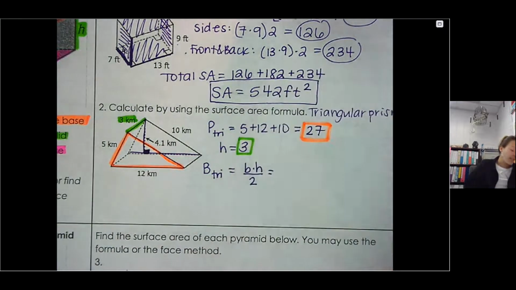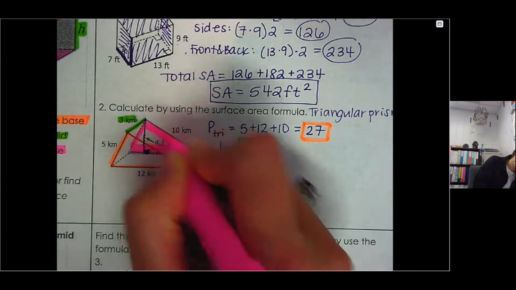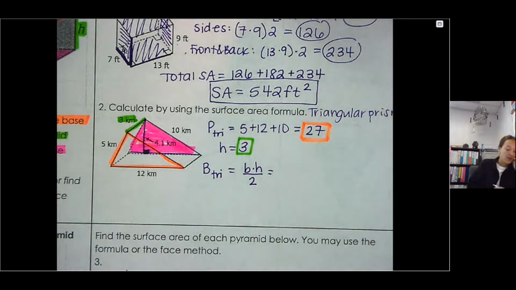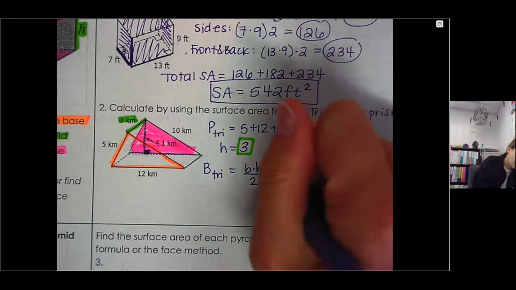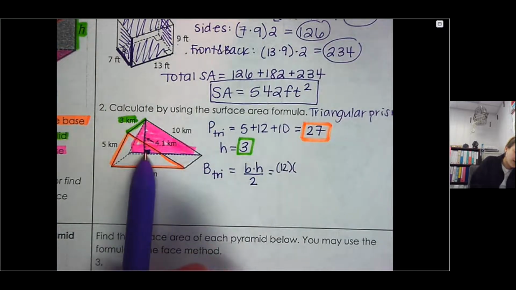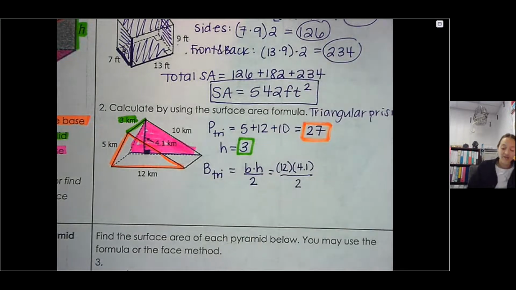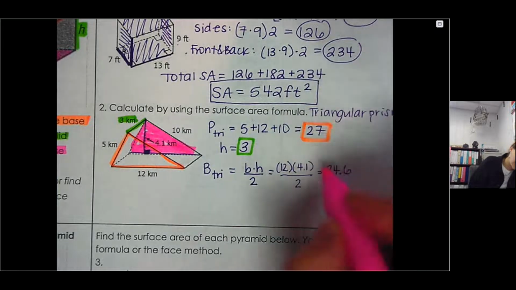So I'm finding essentially this triangle back, which is the same triangle in the front. So the base of that triangle is this piece here, which is 12, times the height of that triangle, just that pink triangle, is 4.1. I multiply those two together and then I divide by 2. So I get a total of 24.6, and that is my big B.